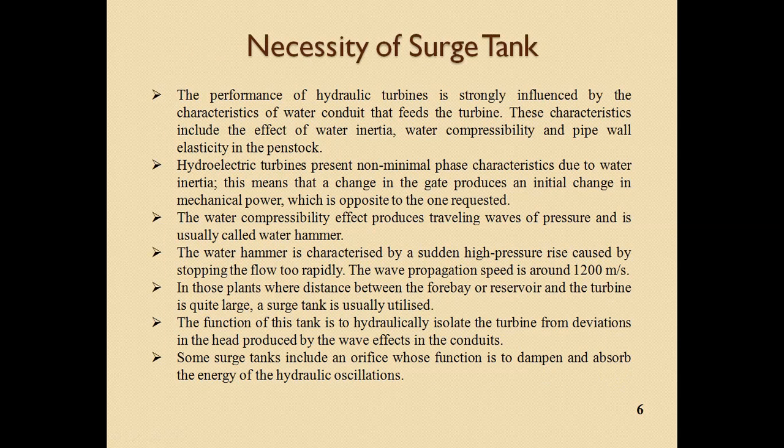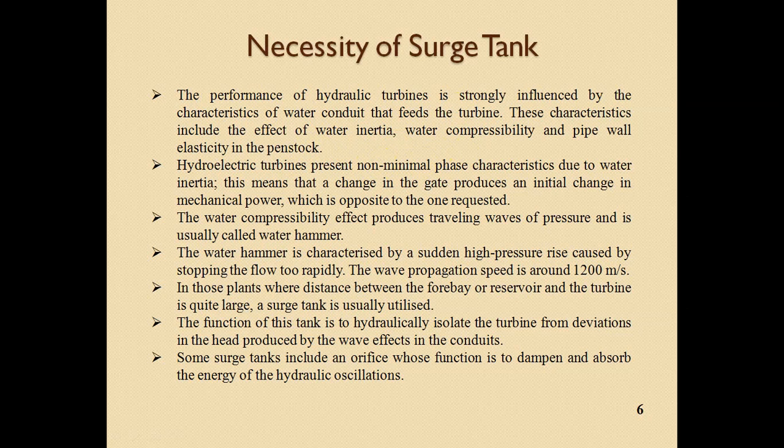Necessity of the surge tank. What is the use of providing a surge tank in a hydraulic plant to the penstock? The performance of hydraulic turbines is strongly influenced by the characteristics of the water conduit that feeds the turbine. These characteristics include the effects of water inertia, water compressibility, and pipe wall elasticity in the penstock. Hydraulic turbines present a non-minimum phase characteristic due to water inertia.